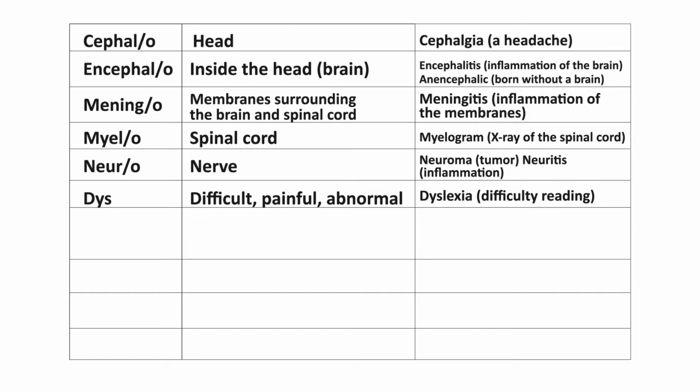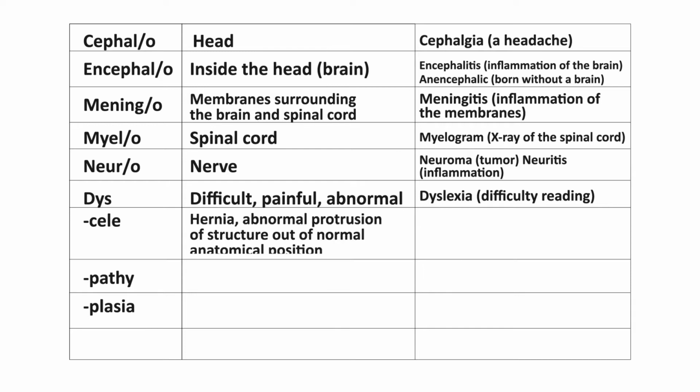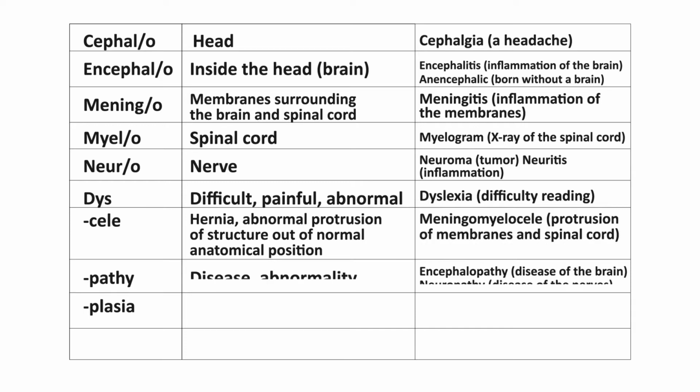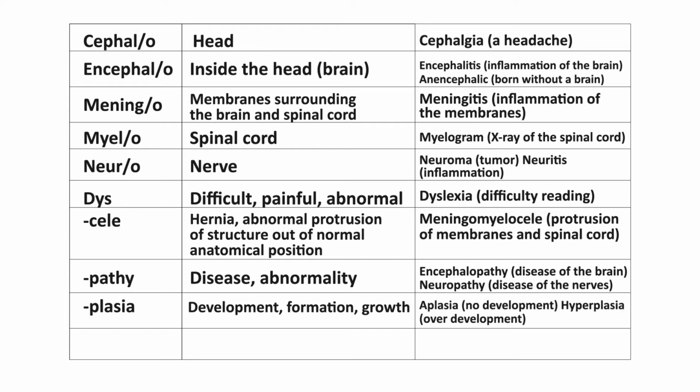The common suffixes like cele, pathy, and aplasia are also found in medical words related to nervous system diseases, such as meningomyelocele and neuropathy. The suffix plasia means development or formation, so aplasia means no development, while hyperplasia is the opposite of it.